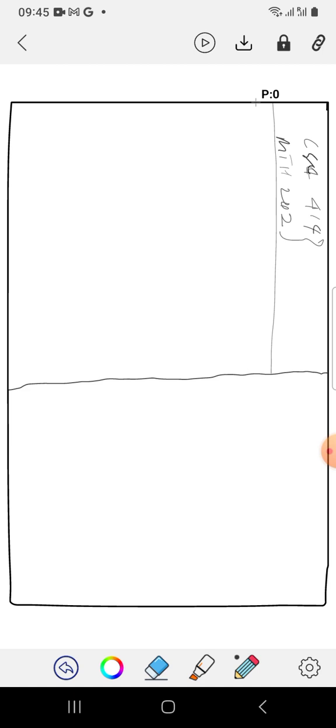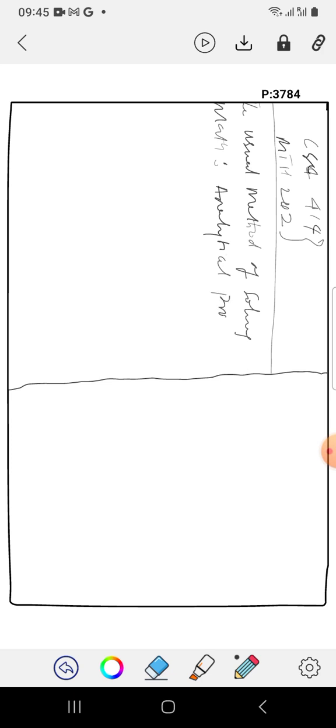Those procedures of solving problems, we call those analytical. The usual method of solving math. That's the analytical processes.